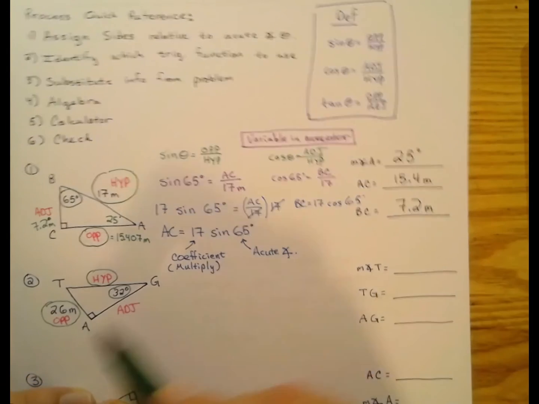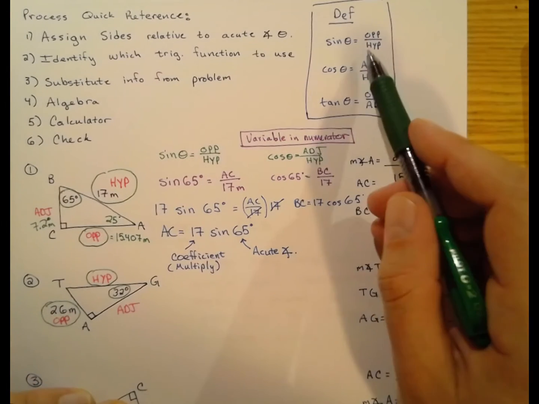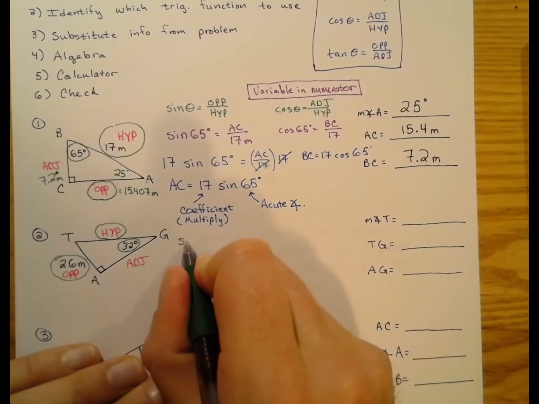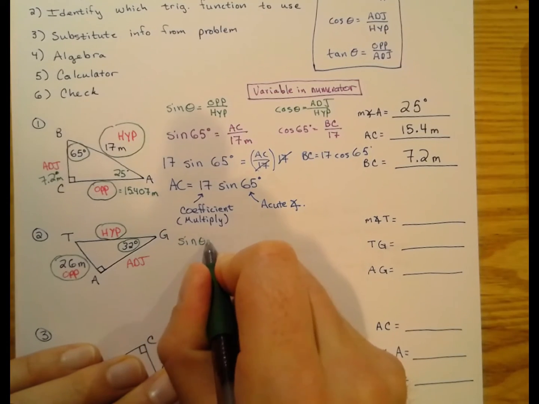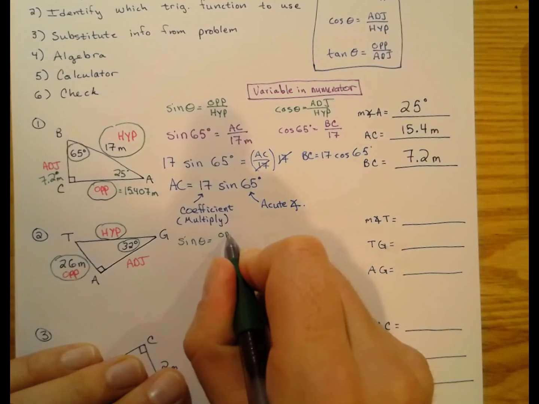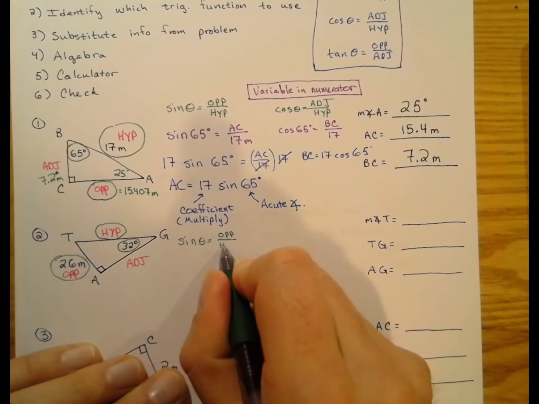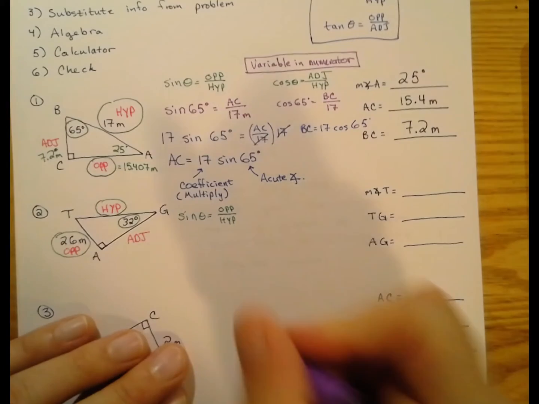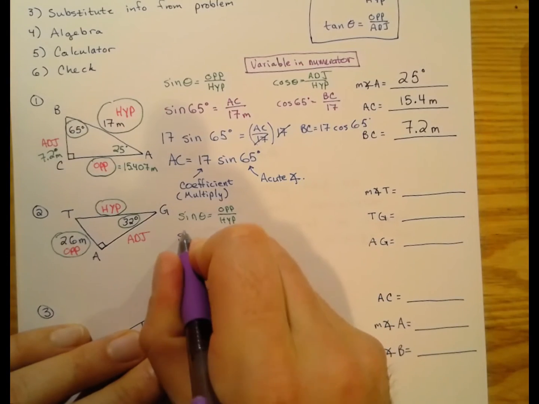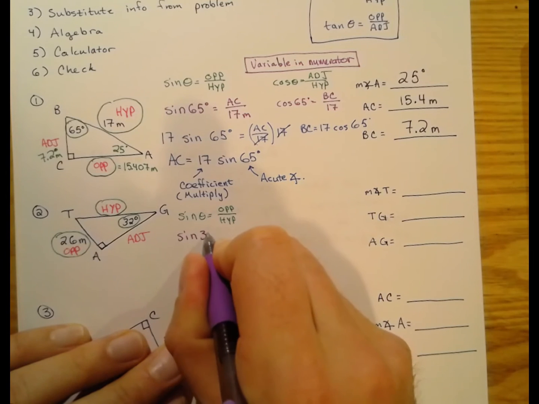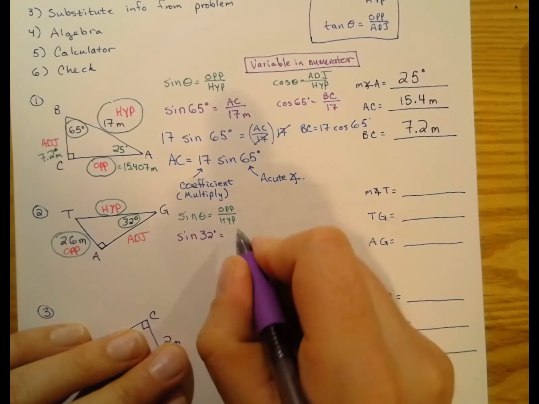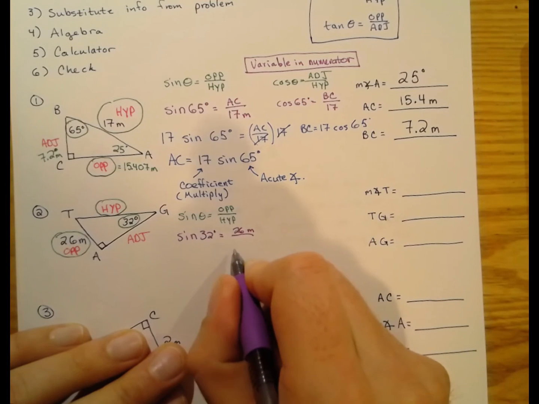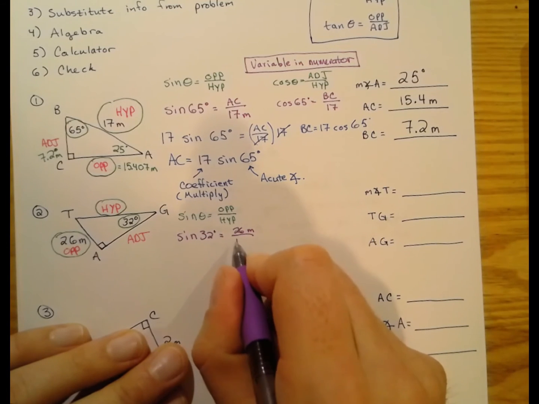It's definitely sine. So opposite hypotenuse, sine. So we write down that definition. Sine theta equals opposite over hypotenuse. That's step 2. Step 3, we're going to substitute the numbers from the problem. Sine 32 degrees equals the opposite side, 26 meters, over the hypotenuse side, TG.